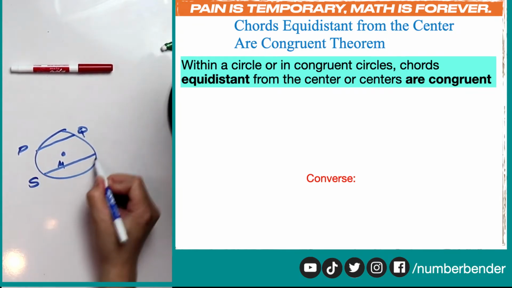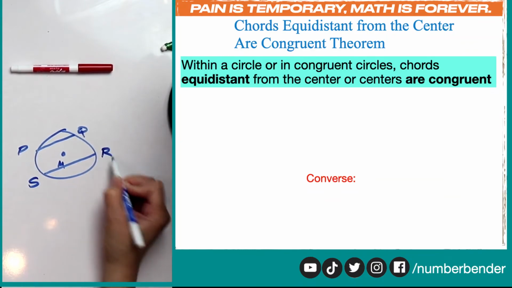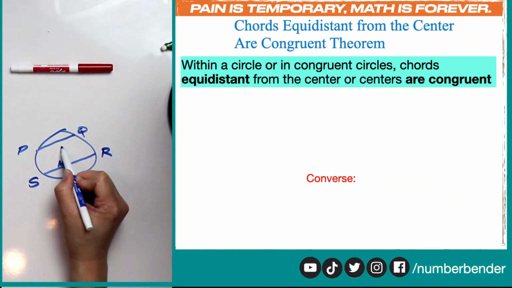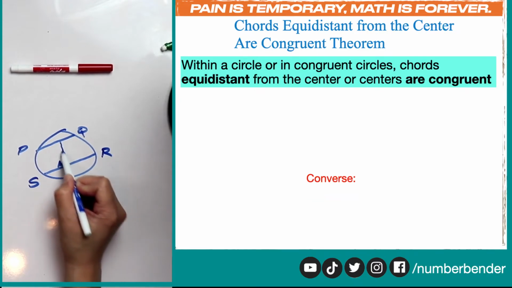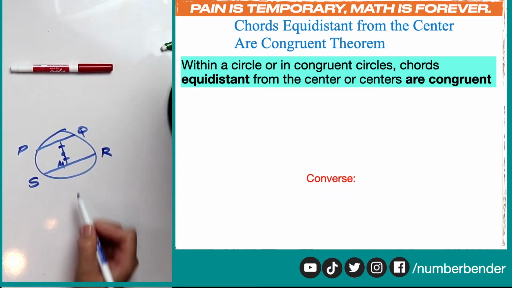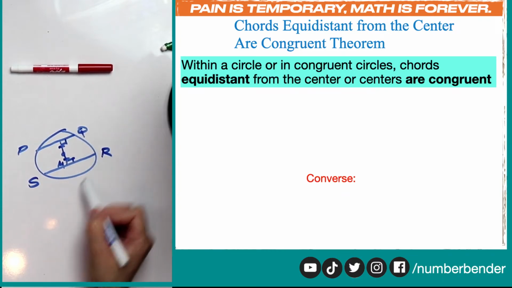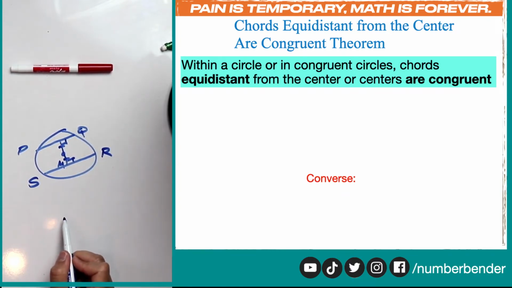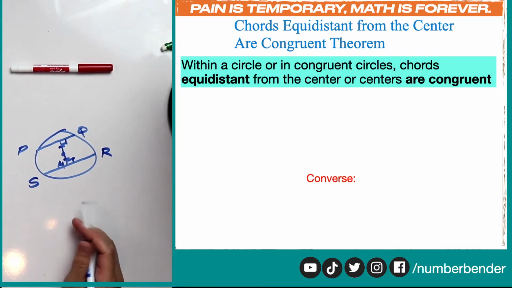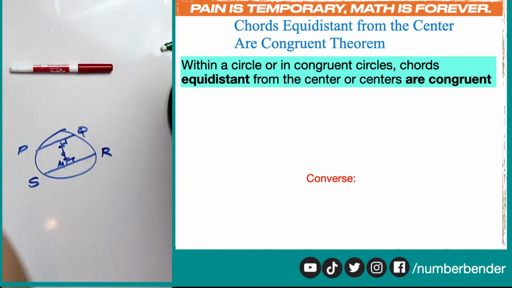So let's say this is SR. If these two chords have the same distance from the center and it forms a 90-degree angle, PQ and SR are congruent or the same length. So this is basically what this particular theorem is telling us, although the drawing is a little bit questionable.